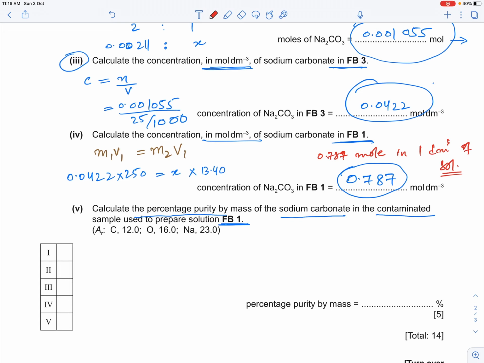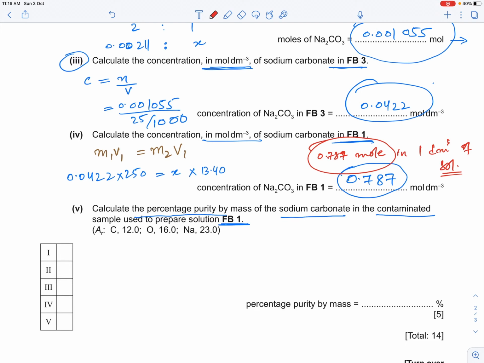If we want to know how many grams of sodium carbonate are present in 1 dm cube, we can easily convert moles into grams by multiplying moles with the molar mass.